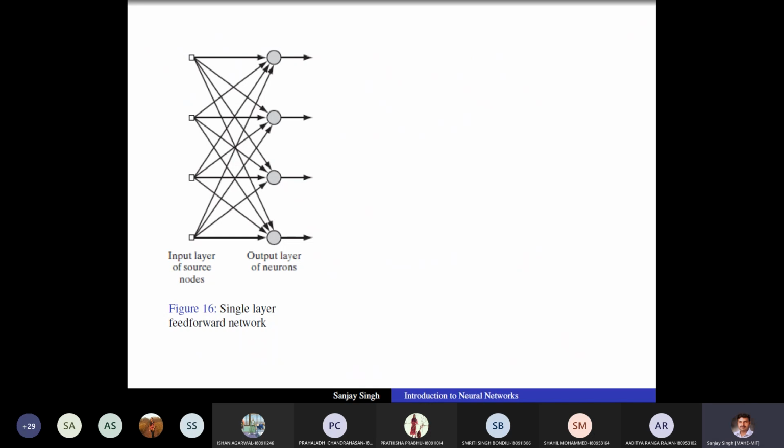So here, if you see, this is a simple layer, and remember that this notation will be followed throughout our course. In other books or other sources, they might be using a different notation. So we'll follow this. To represent the inputs, we write small square boxes. And to represent the neuron, that is the computation unit, we represent it by a circle.